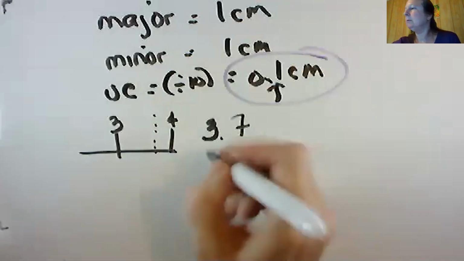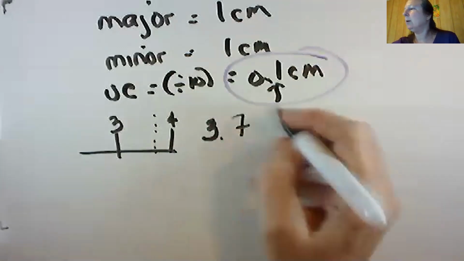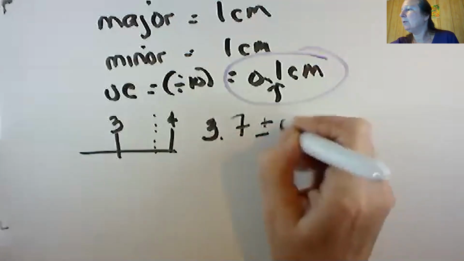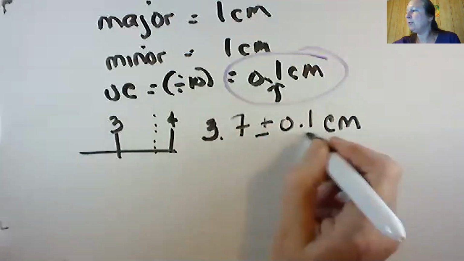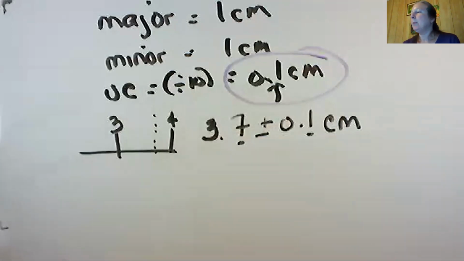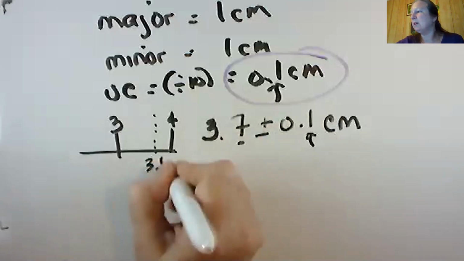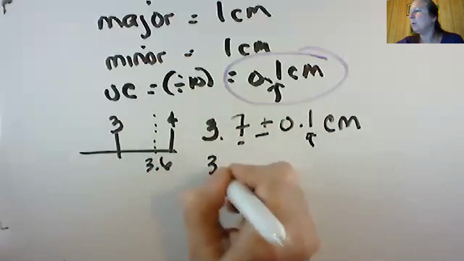Unit comes at the end. So my number, my uncertainty, my unit. Check, make sure, yes, my uncertainty and my measurement have the same number of decimal places. It's the same decimal place, rather, not the same number. So that's my measurement. You might look at it and go, well, that looks more like 3.6. So you would write 3.6.